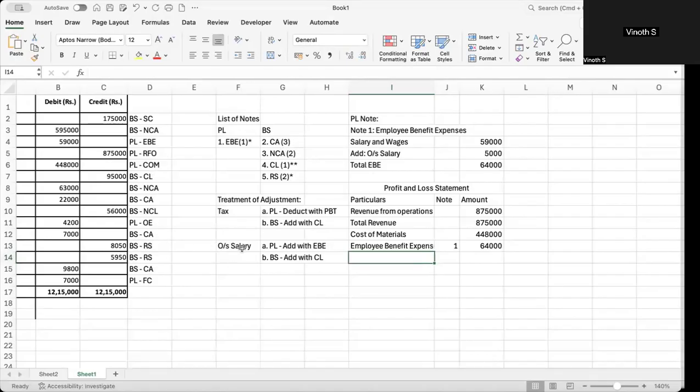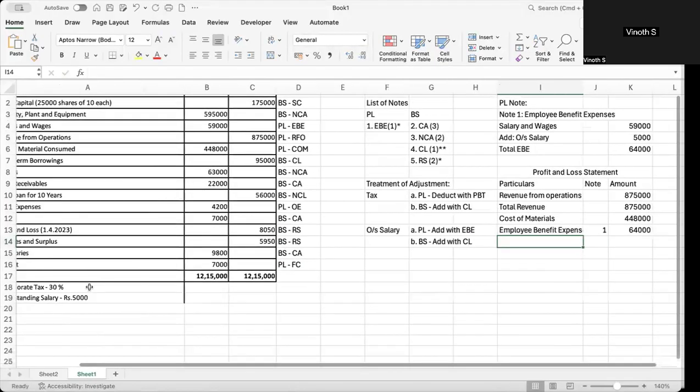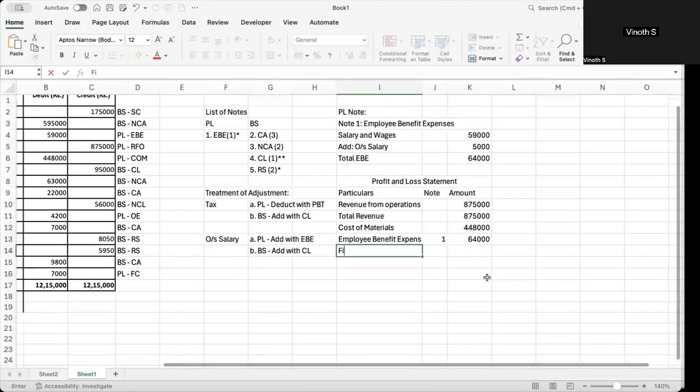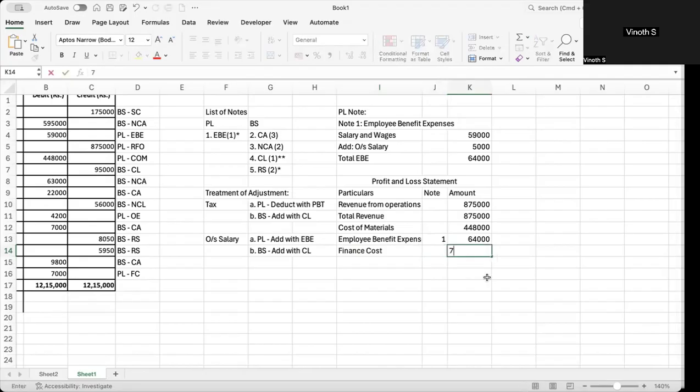The next item is finance cost, 7,000 rupees, which is called interest. Next is the final one, other expenses, 4,200.